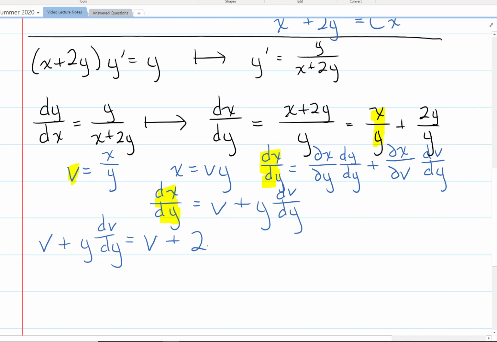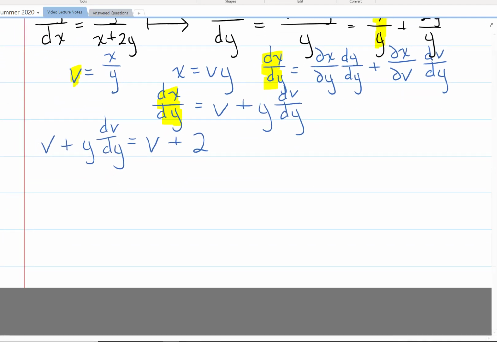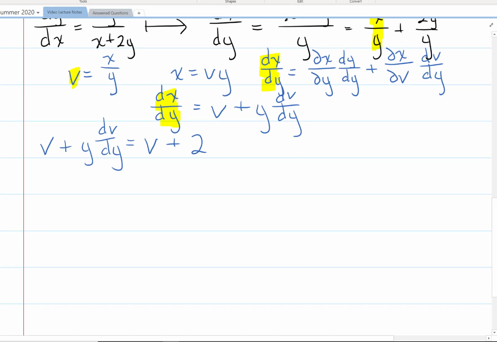And so now, hopefully, remember the reason we do this substitution is so that we get a differential equation that is either separable or can be solved by an integrating factor, a linear first order, right? So if we solve for dv dy, we get dv dy equals 1 over y times, hey, look at that, just a 2, right?